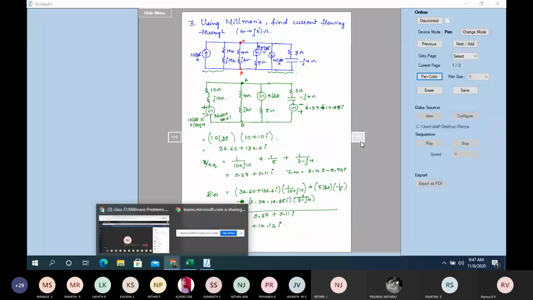Last step: you have ZM, another is EM, and the branch is 4 plus j3 ohm. So what is current I? I is equal to EM divided by ZM plus 4 plus j3. You have to do this and you will get the answer.